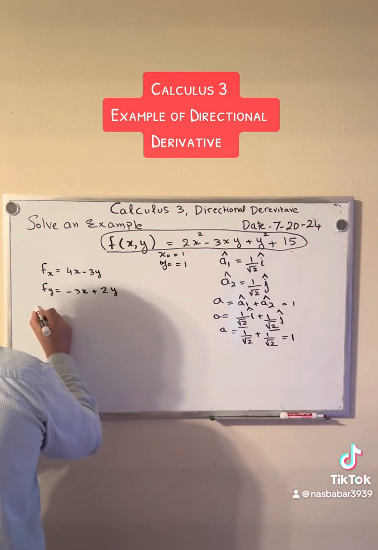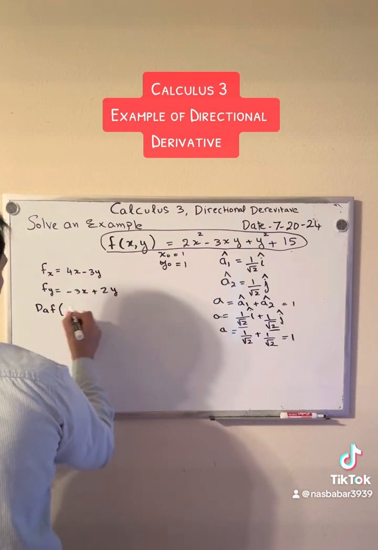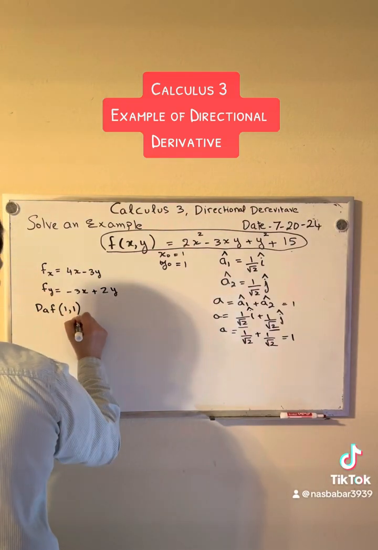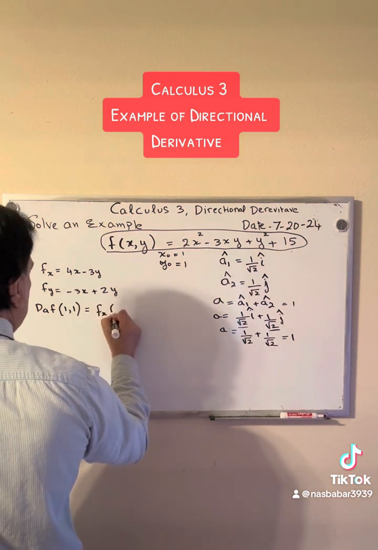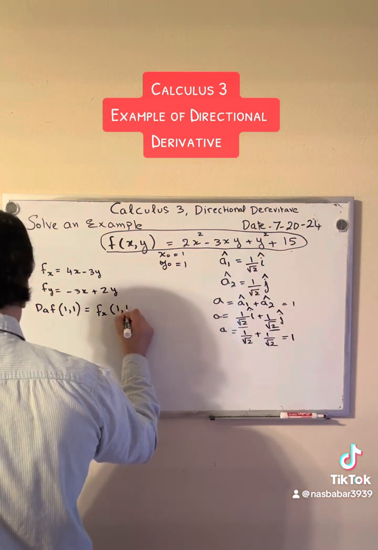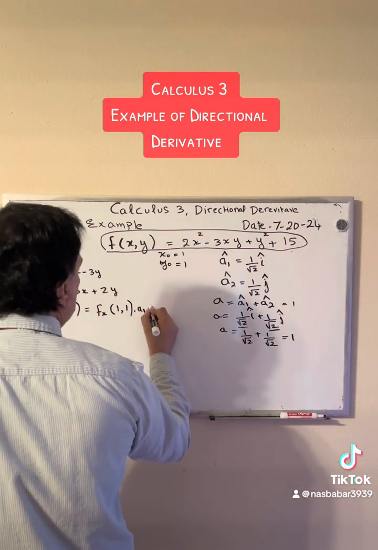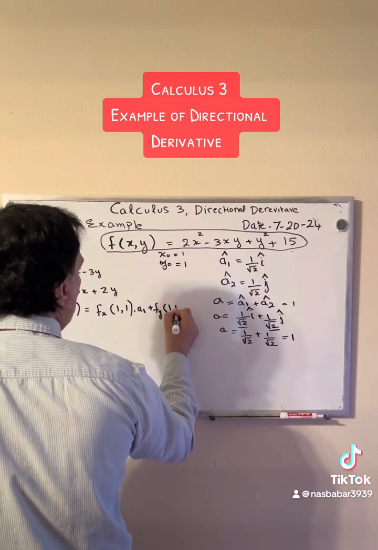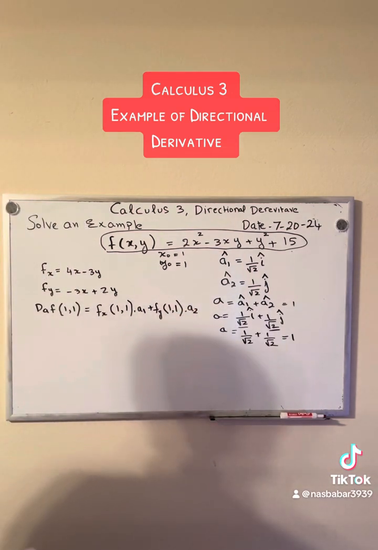So the directional derivative of the function at x0 equal to 1, y0 equal to 1 is equal to f subscript x at (1, 1) multiplied by a1, plus f subscript y at (1, 1) multiplied by a2. That's how you find the directional derivative.